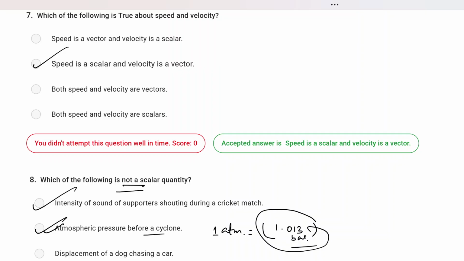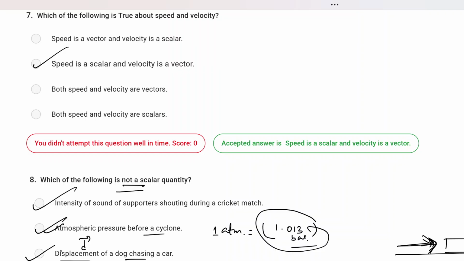Now the displacement of a dog chasing a car. Earlier, in question number 1 and 2, we saw that displacement was a vector, d vector. Whenever a dog is chasing a car, it has to follow a direction as well. It cannot have just a velocity of moving. So it will have a position or displacement and it will have a direction. So displacement is a vector.